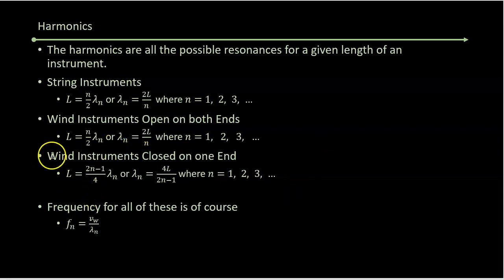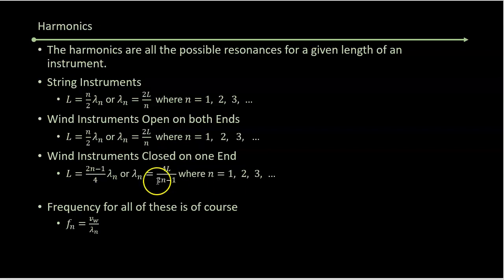If it's a wind instrument closed on one end, this formula looks a little bit more complicated, but all this really says is in the bottom, you always have odd numbers. So you have 4L over 1, 4L over 3, 4L over 5, right?